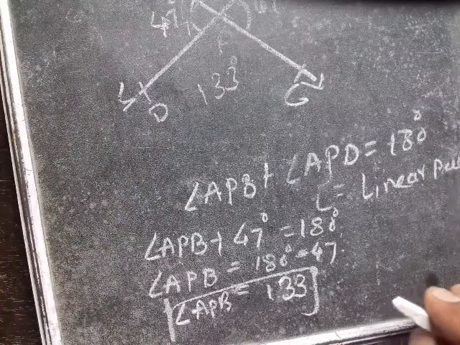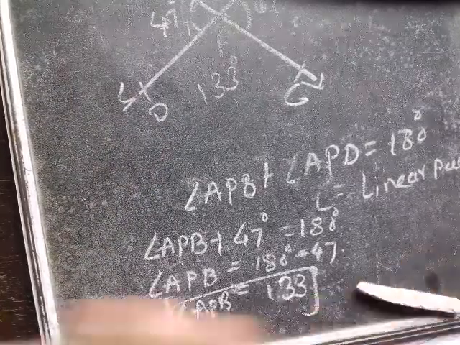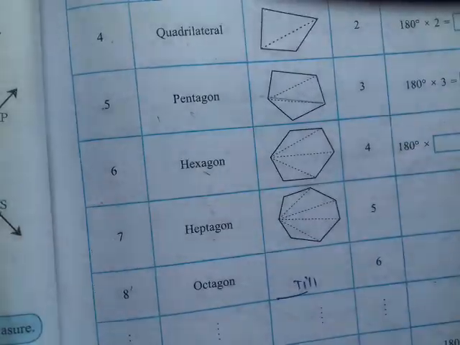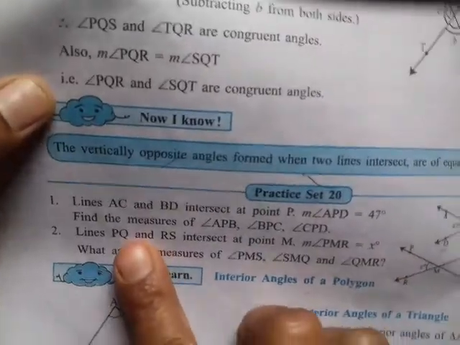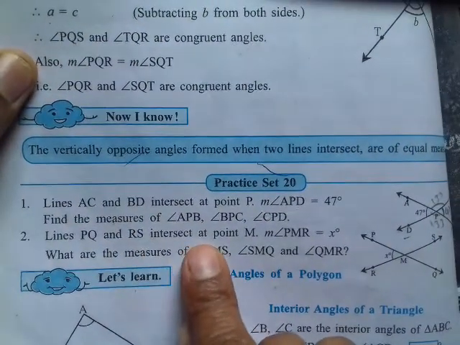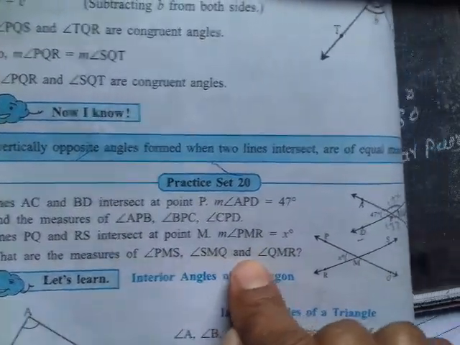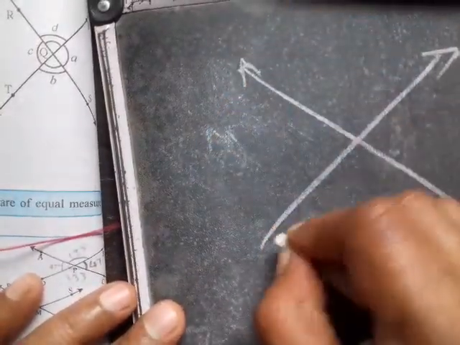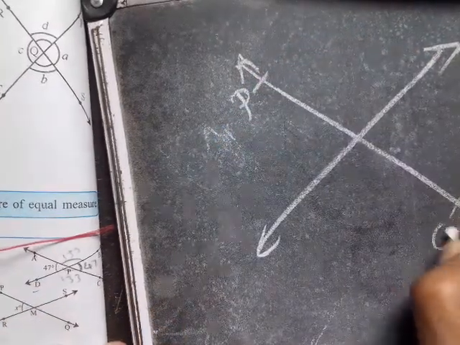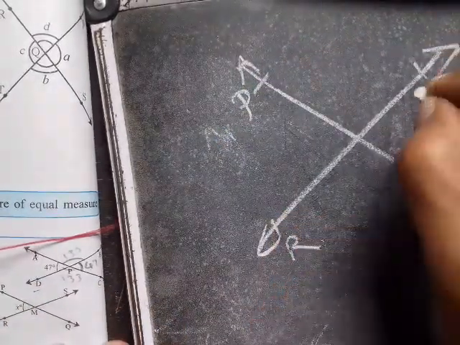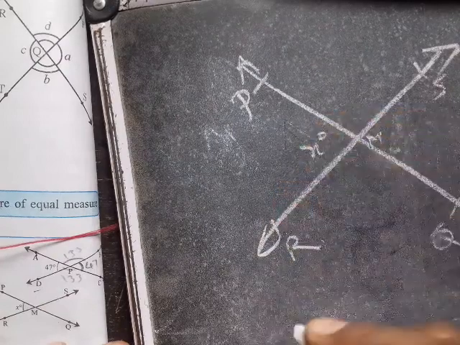Now the second question we will see. Look here, line PQRS is intersected at M and angle PMR is x degrees. What is the measure of the angles? So how will we do it? We don't know. This is PQRS intersecting at M. This is x degrees.